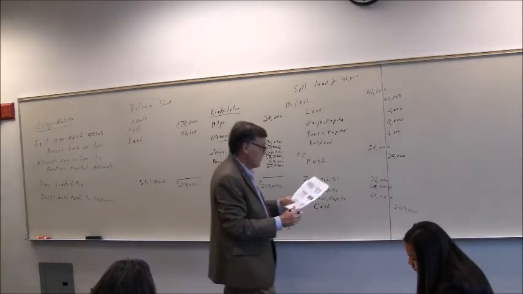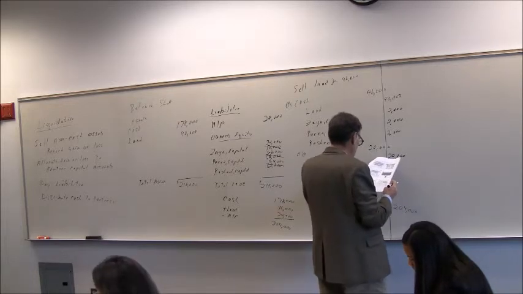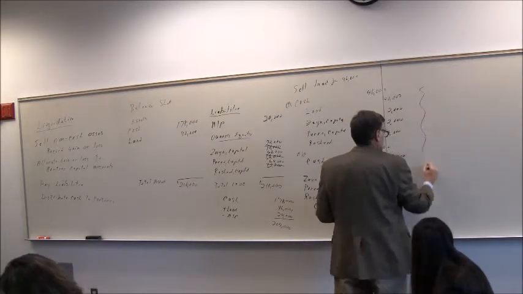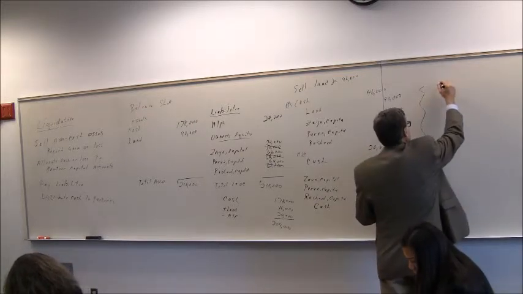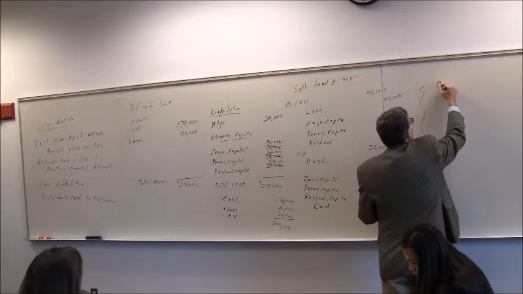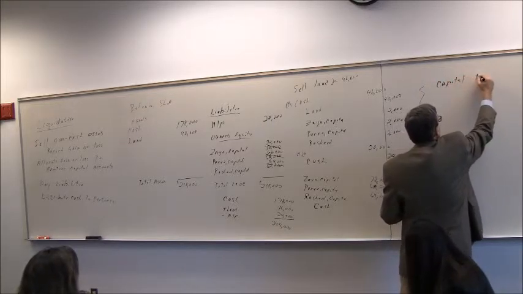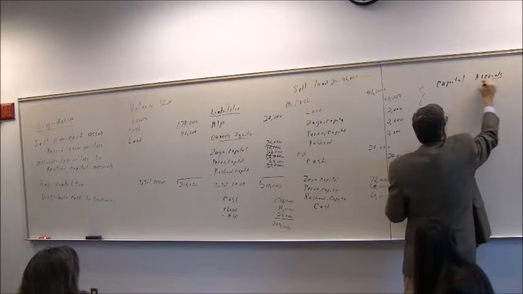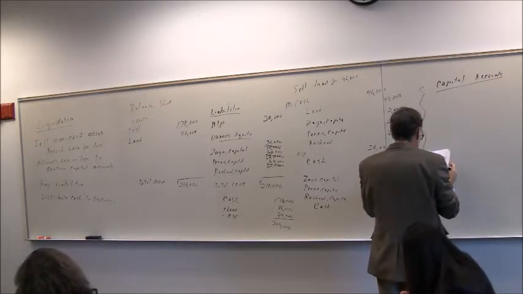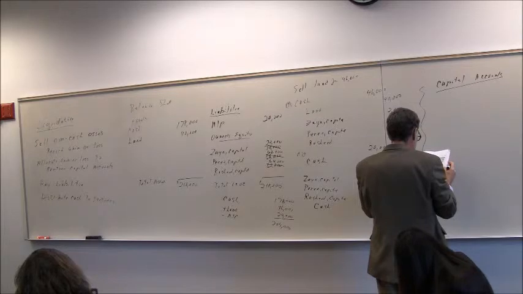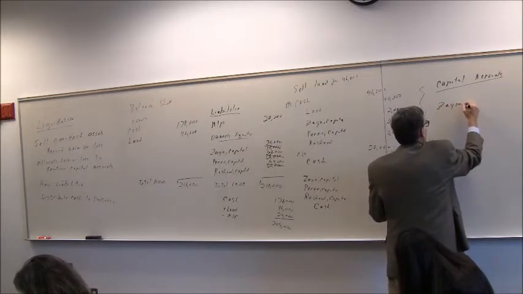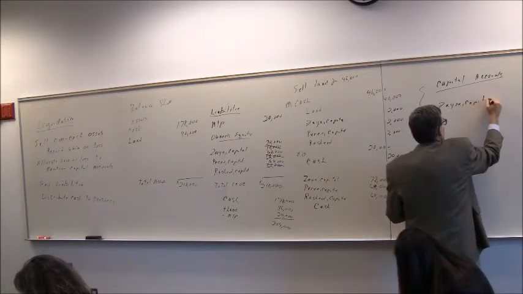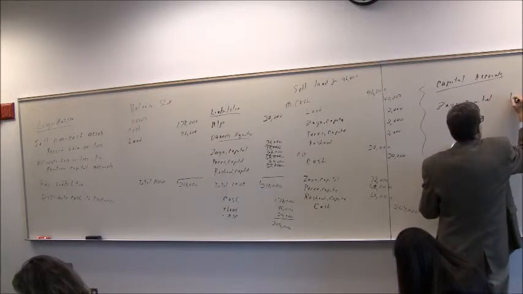Okay, so let's go to a different scenario. This is a totally different scenario. So here are the capital accounts. Zane, comma capital, has a balance of 19,000.